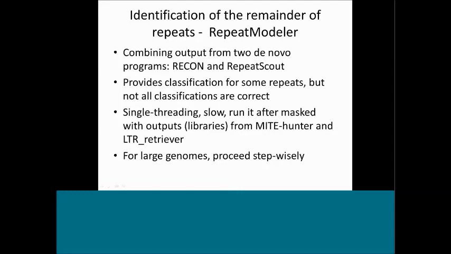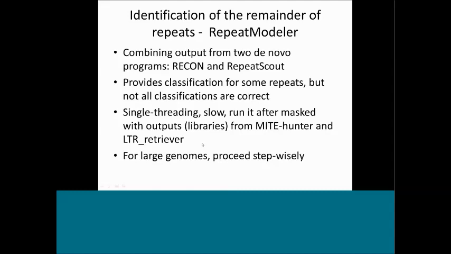RepeatModeler itself is not a de novo method. It uses the output from two de novo programs called RECON and RepeatScout. They use different methods to identify repetitive sequence. Because RepeatModeler is relatively slow, we recommend you run it after you collect the MITEs from MITE-Hunter and the LTR sequences from LTR retrieval.